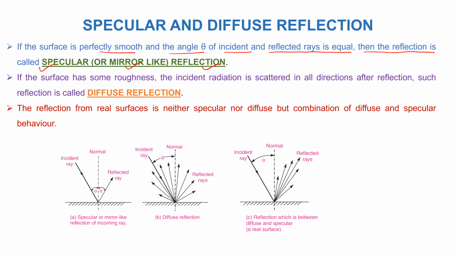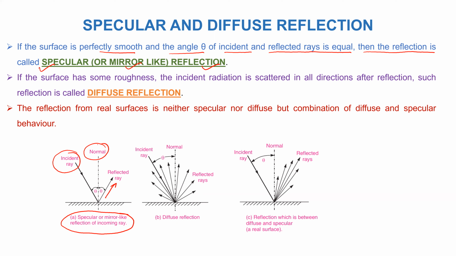You can see this diagram. This is the incident ray. It is coming at an angle theta, and it is also reflected at an angle theta. So this is a specular or mirror-like reflection of the incoming ray, and this is the normal about which the incident ray is making an angle theta.